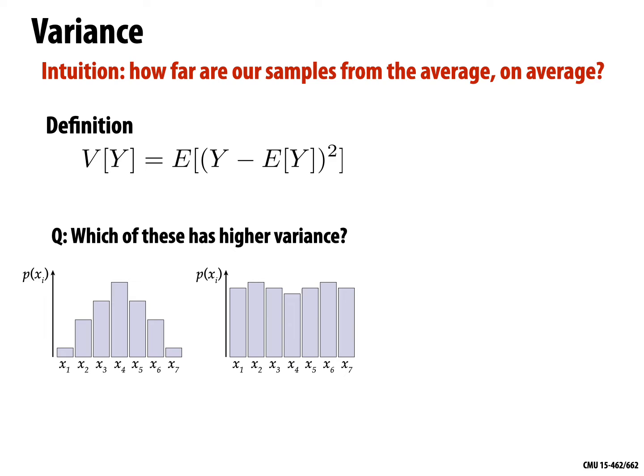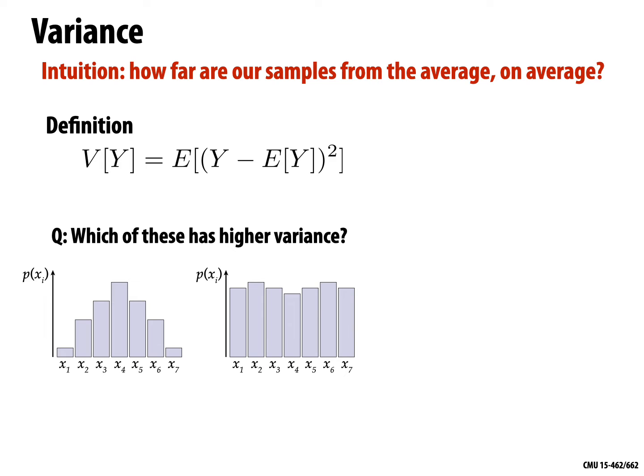So if we look at these two probability distributions, the probabilities on the right seem more uniform. We have about the same probability for every event. The probabilities on the left seem less uniform. We have very different probabilities for each event. So a first impulse might be that, oh yeah, the one on the left has higher variance. It's varying more than the one on the right.